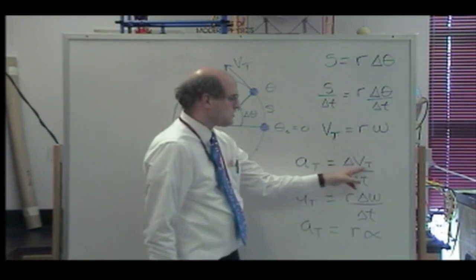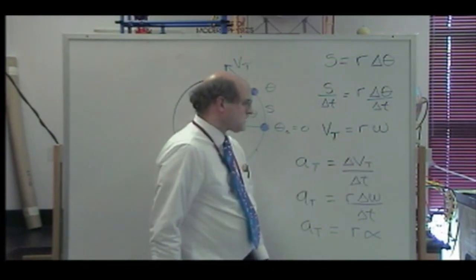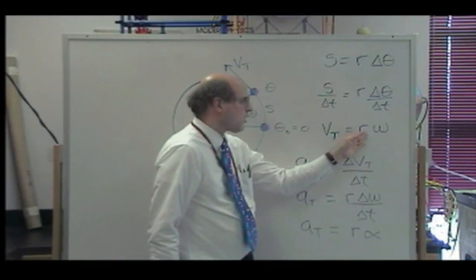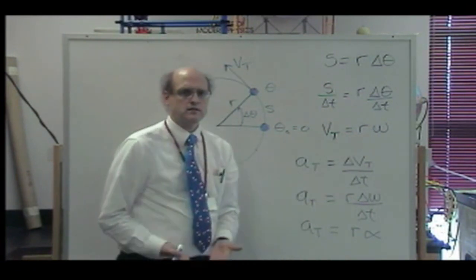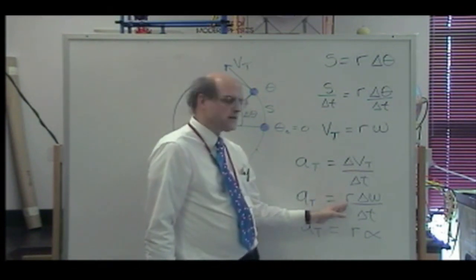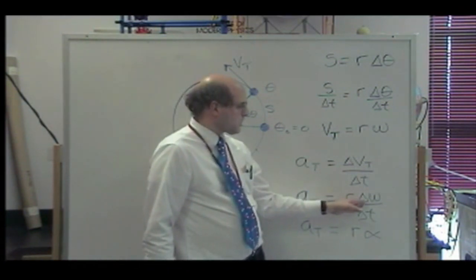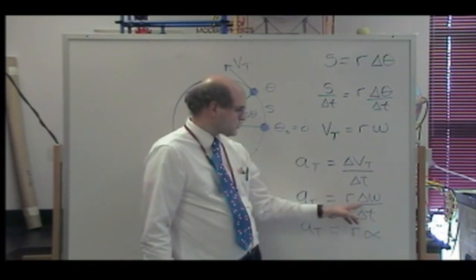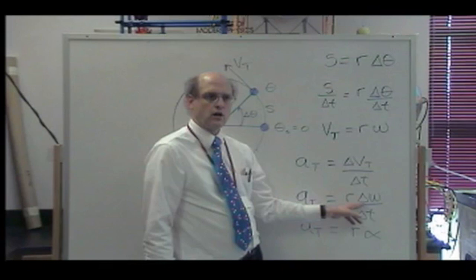But isn't the change in the tangential speed simply equal to the change in r omega, but the radius is constant since it's a circle? So we end up with the radius of the circle times the change in the angular speed over the time interval over which that change in angular speed occurs.